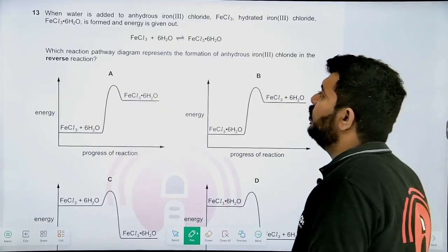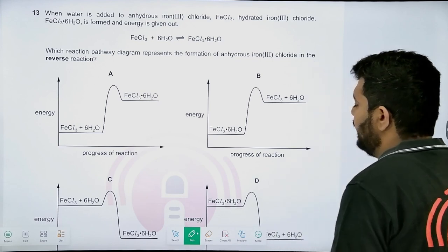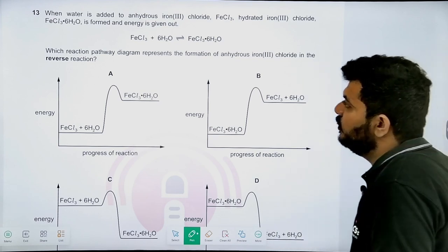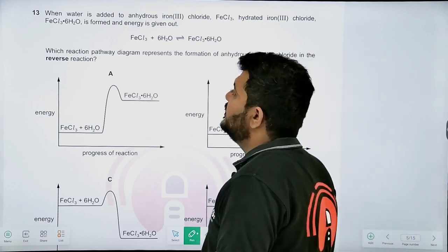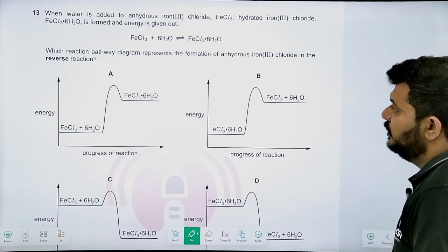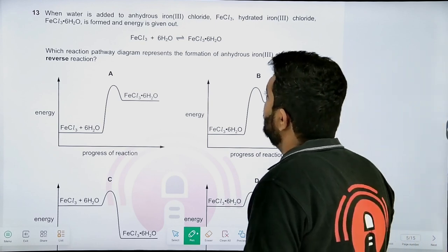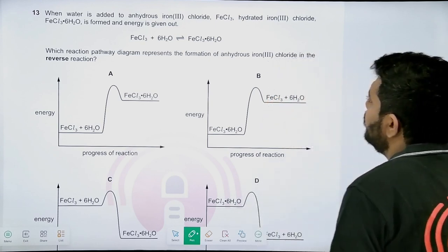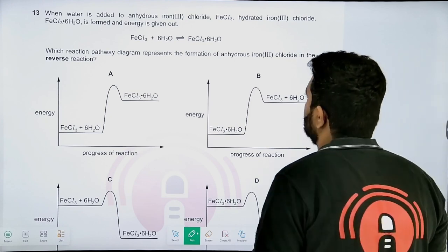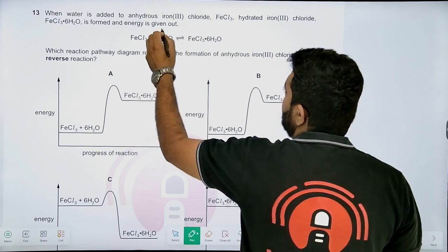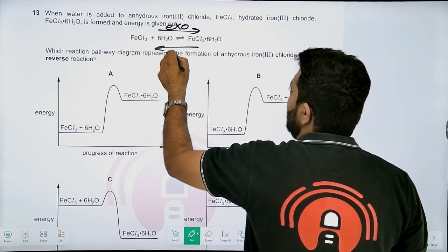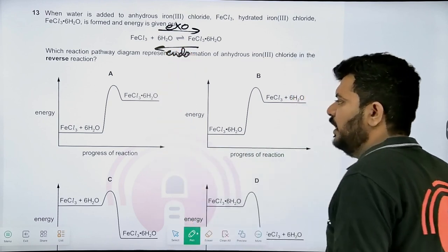Then we have, when water is added to anhydrous iron chloride, FeCl3, hydrated iron chloride, FeCl3 dot 6H2O is formed and energy is given out. Which reaction pathway diagram represents the formation of anhydrous iron chloride in the reverse reaction? So, if this reaction is exothermic, this reaction has to be endothermic.